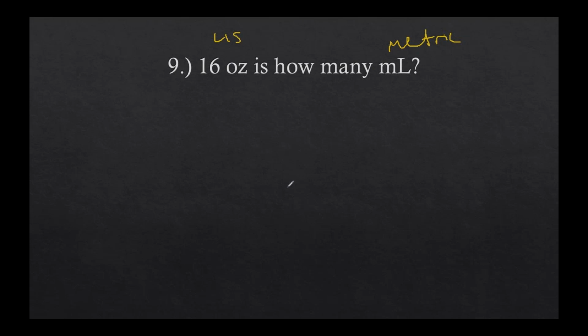Volume is the middle rectangle in those boxes, and under the conversion between US customary and the metric system, there's only one way to jump from US to metric, and that is quarts to liters. So my first job is to get ounces to quarts. Okay, so that's what we're going to start with. I go 16 ounces over 1.